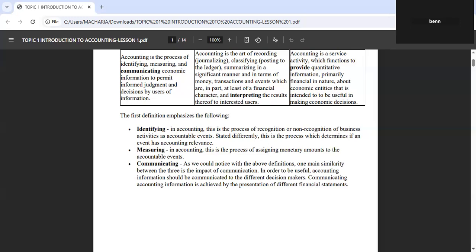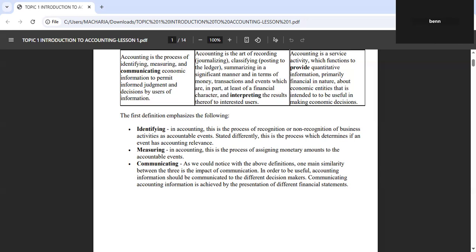Recognition means bringing entries into your books or removing these entries from your books. Stated differently, this is the process by which you determine if an event has accounting relevance. That is the first thing that is coming out from the definition of accounting.